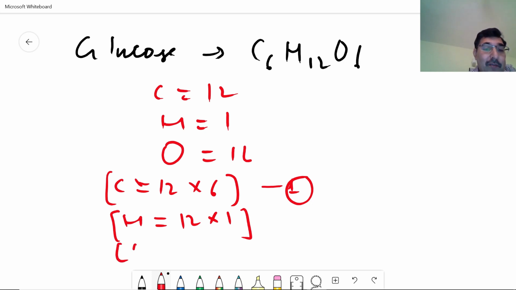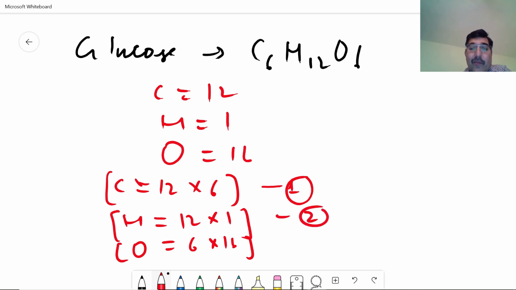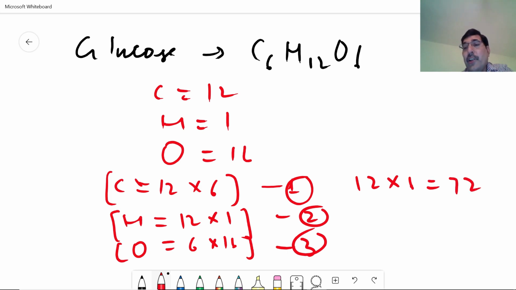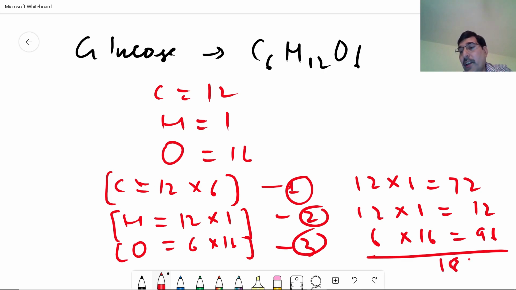And oxygen is 6 times 16. If we calculate them together, 12 times 6 is 72, 12 times 1 is 12, and 6 times 16 is 96. Together it is 180 gram. So glucose's relative molecular mass is 180 and molar mass is 180 gram.